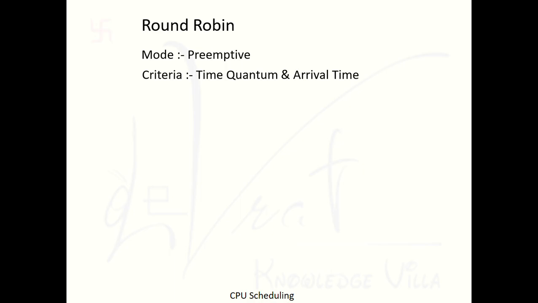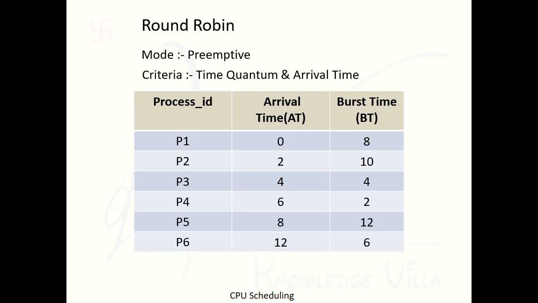The criteria we will follow are time quantum and arrival time for round robin. In round robin, the time quantum is given in the data table. For example, when you are driving your vehicle and reach a signal, one lane at a time is allowed to clear the traffic for a specific time, and for the remaining time the public has to wait in the queue.